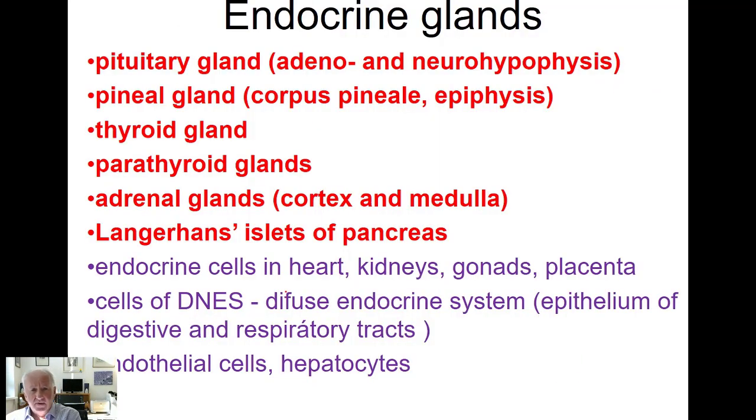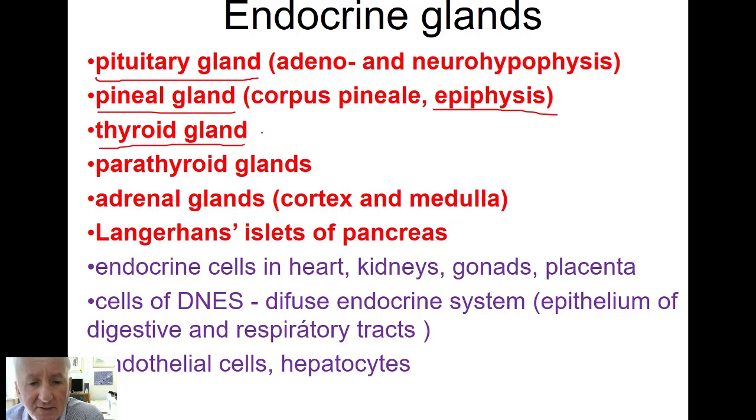And today we will speak about the hypophysis, then we move to the epiphysis, the pineal gland. Then we will be speaking about the thyroid gland, and a few words about the parathyroid glands. Then we move a little bit lower in the human body to the suprarenal adrenal glands, and a few words also about the endocrine part of the pancreas.